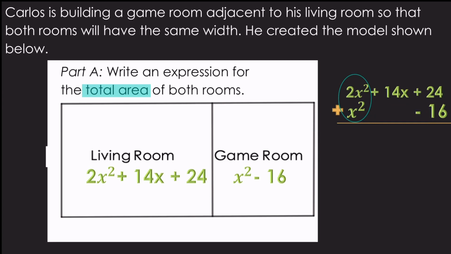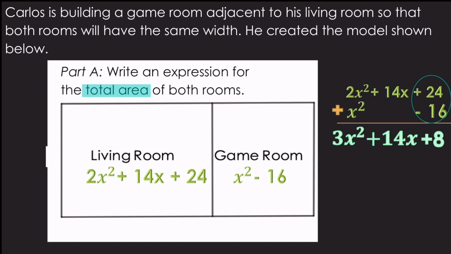So I have 2x squared and 1x squared to give me 3x squared. I then have 14x, and there's nothing underneath. So some of you might want to write plus 0 as a placeholder. That might help you. But what it ends up being is just 14x. Then I'm going to go to my last constants, 24 and negative 16, combined to a positive 8.